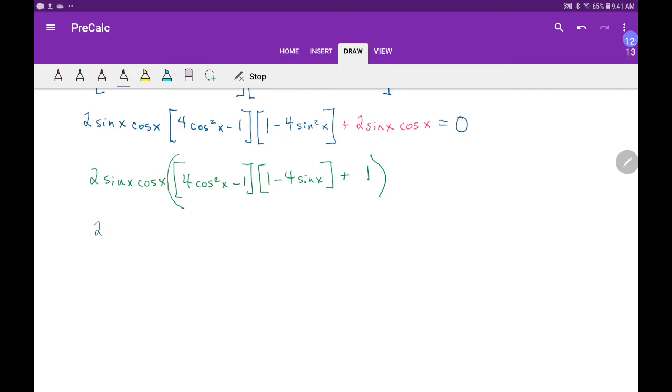So I have 2 sine x cosine x, but don't worry, it works out. I have 4 cosine squared x. And then let's see, I get negative 16, I forgot my square, sine squared x cosine squared x, minus 1, and then plus 4 sine squared x, and here at the end inside my parentheses I got that one.